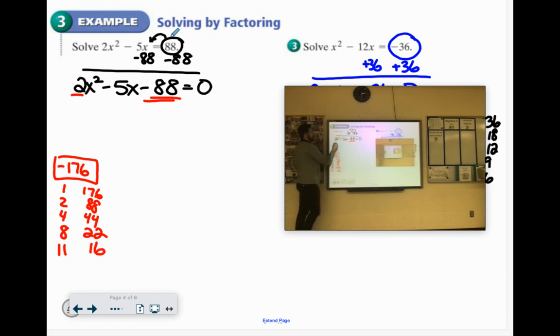So we have, it's got to be x minus our big number initially, 16, x plus our small number, 11.